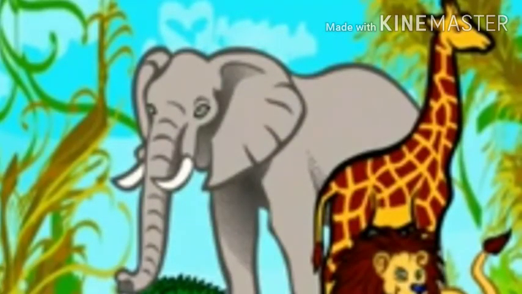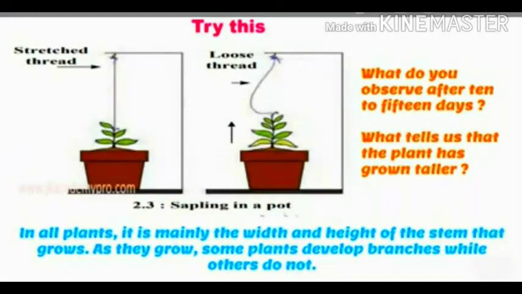Okay, hope you all understood, students, whatever we have learned up till now, right? Okay, now we'll move forward. Now here is an activity for you, students. Take a potted sapling and tie a thread to the tip of the potted sapling. Keep the thread straight and tie it to a peg or nail above the plant. Now leave it as it is for 10 to 15 days.